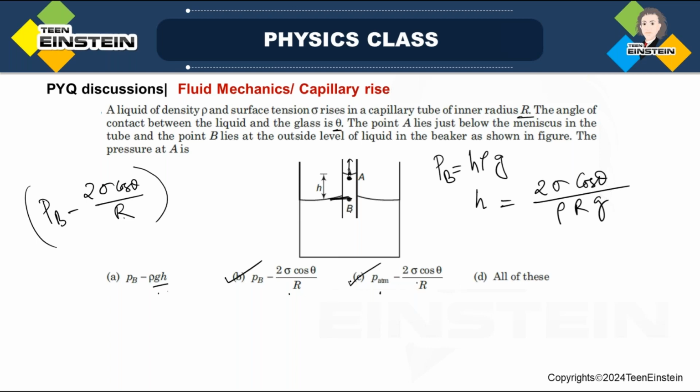These two are at least fine. I'm saying PB minus H rho G; actually H rho G is the PB, that is atmospheric pressure.